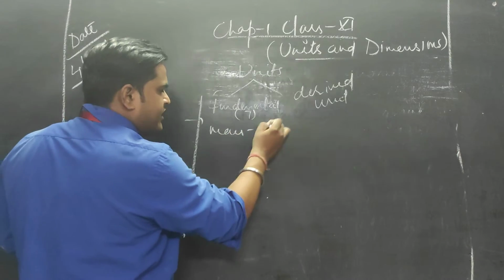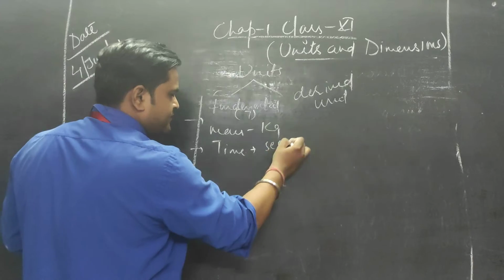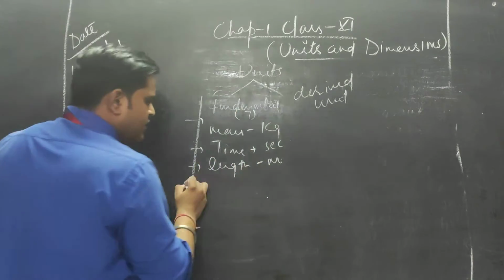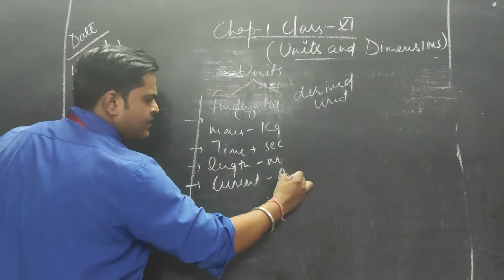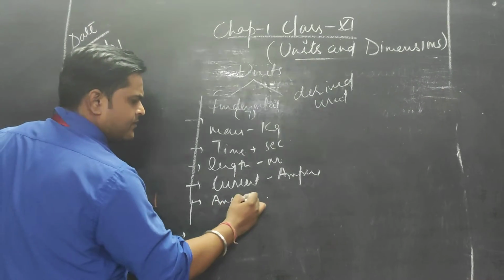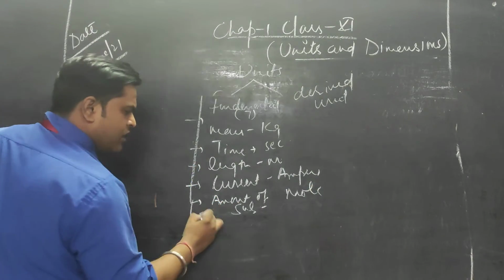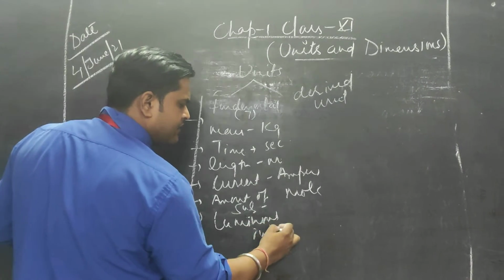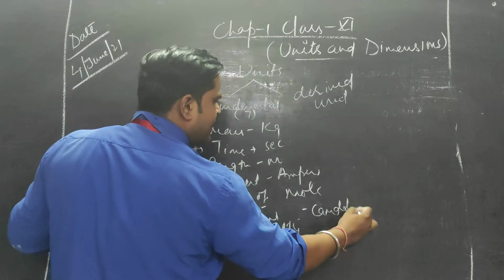For mass we use kg, for time we use second, for length we use meter, for current we use ampere, for amount of substance we use mole, for luminous intensity we use candela, and what is left?